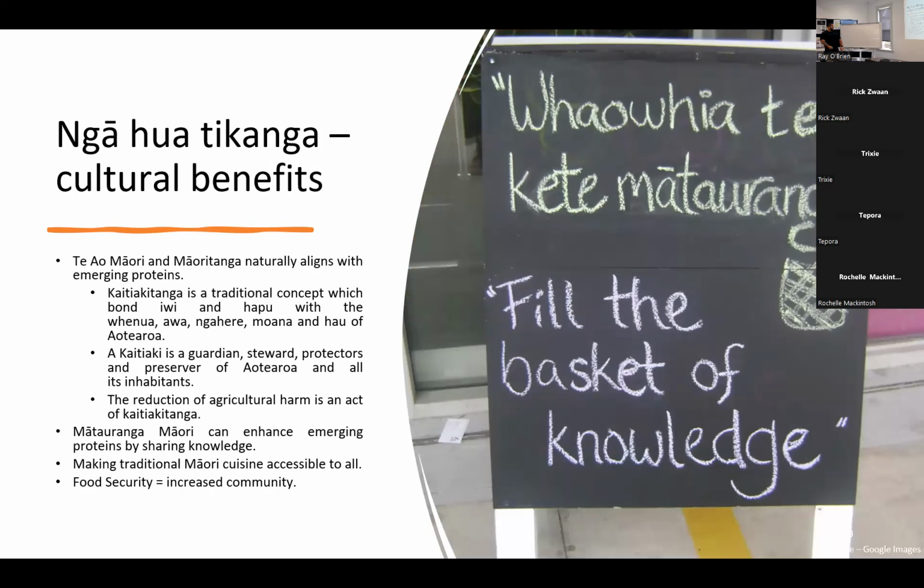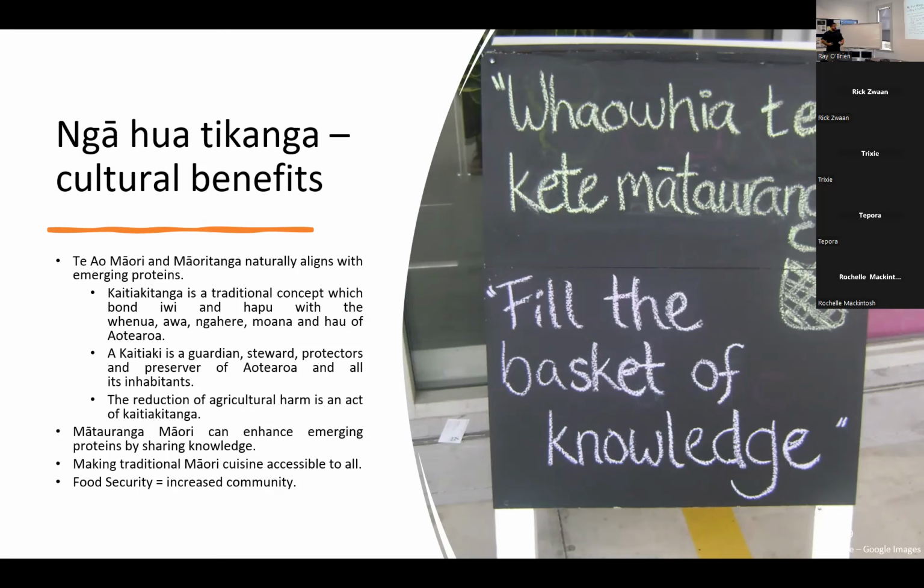So in terms of the cultural benefits, Te Ao Māoritanga naturally aligns with emerging proteins. But that's largely because there's a kaitiaki factor. It's a traditional concept which bonds iwi and hapū with the whenua, awa, ngāhere, moana of Aotearoa.